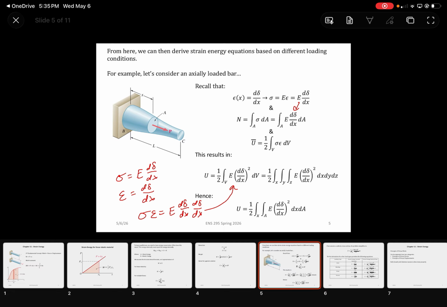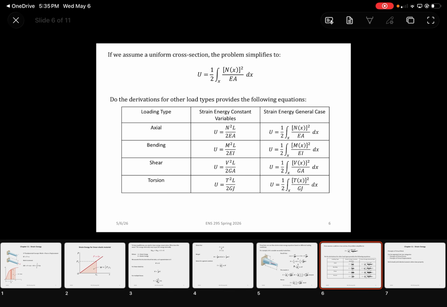Now, in practice, for very simple structures, guess what? The area is constant. So we can then replace our terms, and what we end up with is a strain energy equation equaling the axial force, or the internal force of a structure, squared, divided by EA.